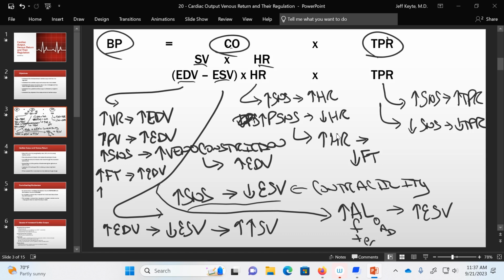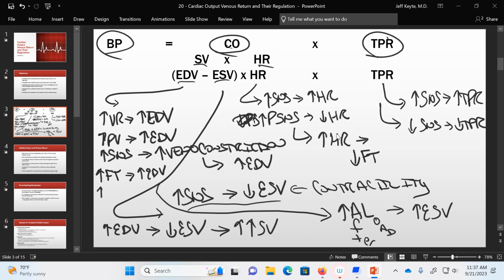Afterload, the higher the diastolic blood pressure, the more pressure the heart has to make before the valve opens, right? So if it has to push harder to open the valve, it's going to empty less well because it had to spend more energy to open the valve in the first place.